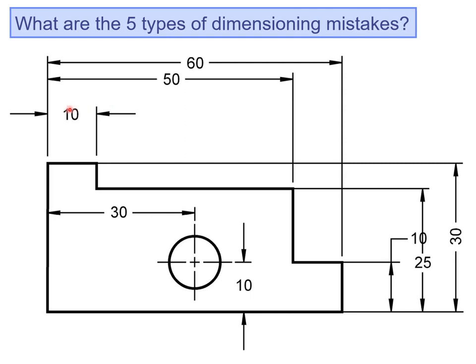So the spacing between the 10 and the 50 should be 1 text height. And the 50 units and the 60 units here are too tight together. You need to move the 60 outward or move the 50 downward to have a spacing of 1 text height, which is again about 0.16 or 0.18 inches. So that's our first mistake that we see.